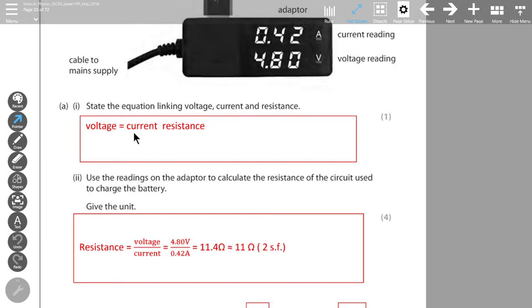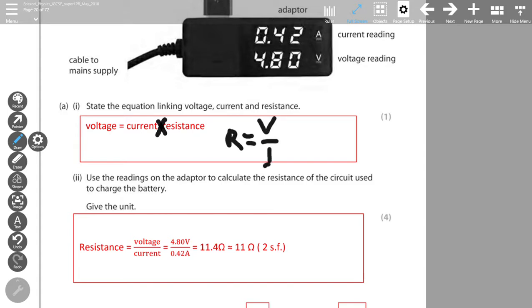So voltage equals current times, something is missing here, let's put times here, resistance. Now we actually know the voltage and current, so we can find the resistance.